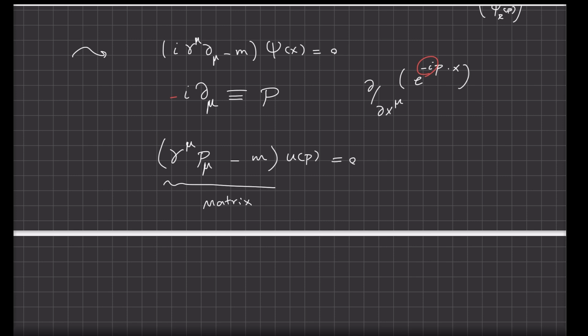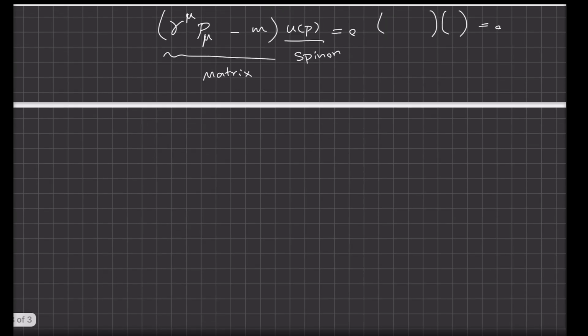This is a matrix, the matrix with the p operator, acting on that spinor, and it is equal to 0.